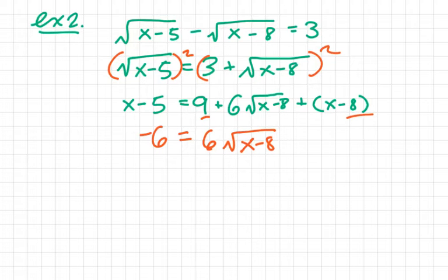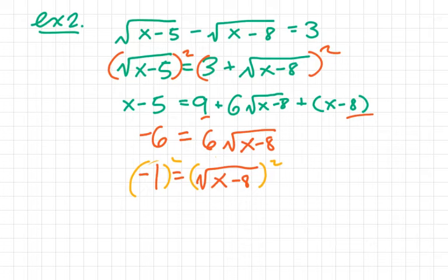So you can do two things here. You can square the right with the 6 there, or it happens to be divisible, this happens to work out nicely. So let's just divide out, and we'll get negative 1 is equal to the square root of x minus 8. Take the square of both sides, losing information here.